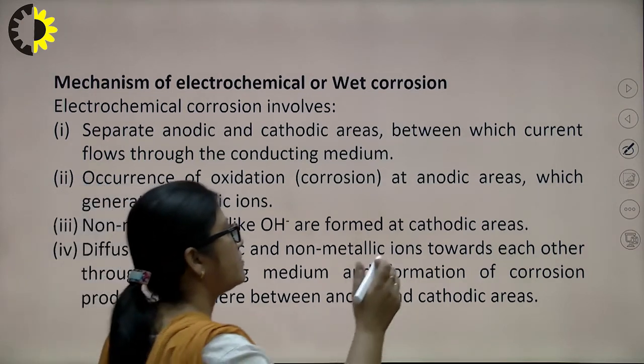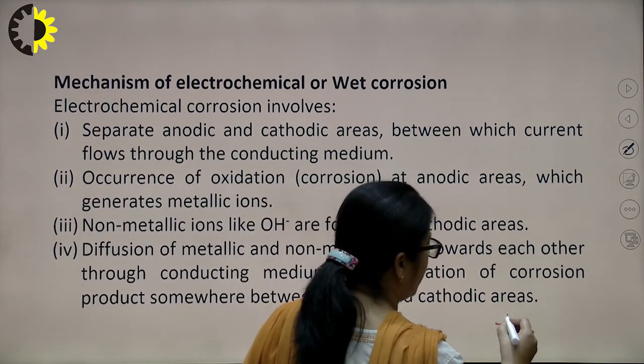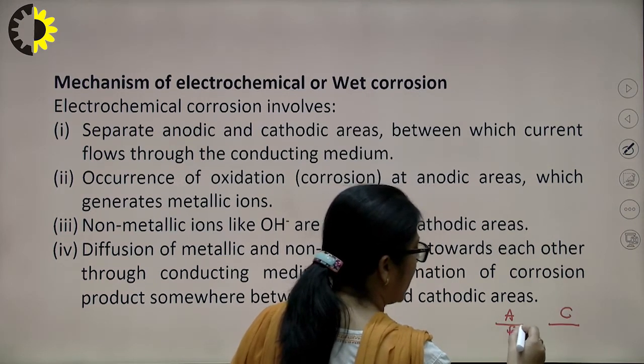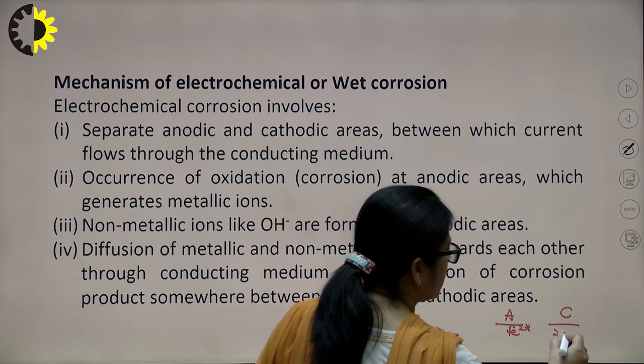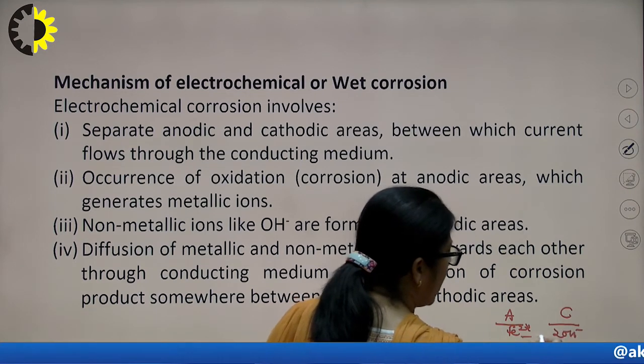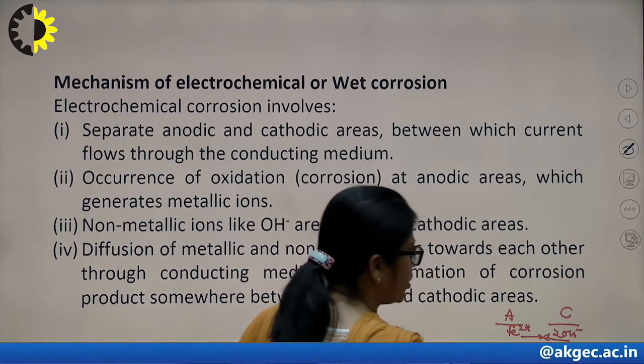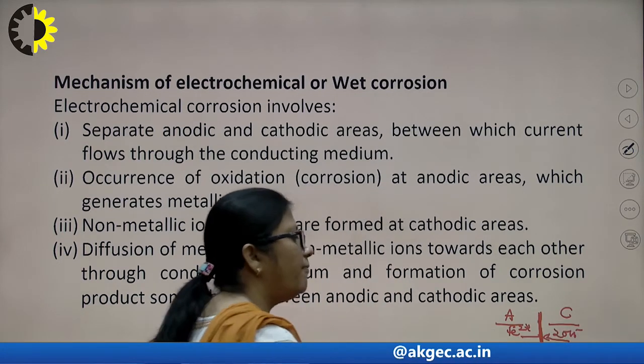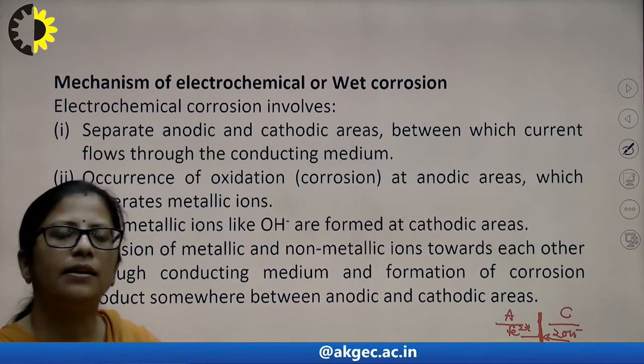So, if this region is the anode and this region is the cathode, it will release metallic ions, it will release non-metallic ions, and these ions are going to move towards each other and form the corrosion product somewhere between the anode and the cathode.